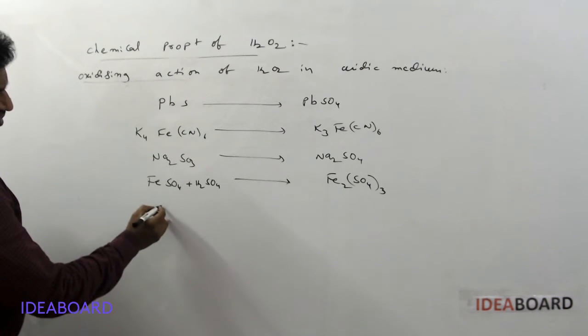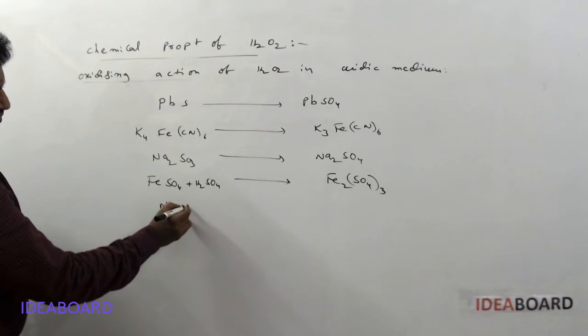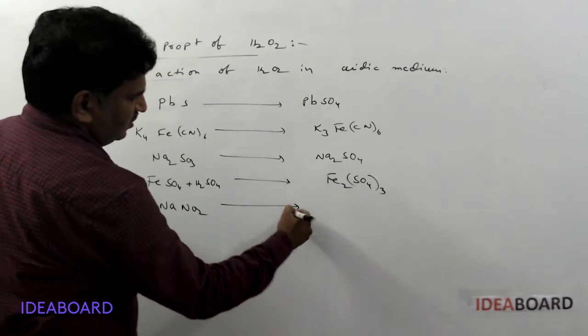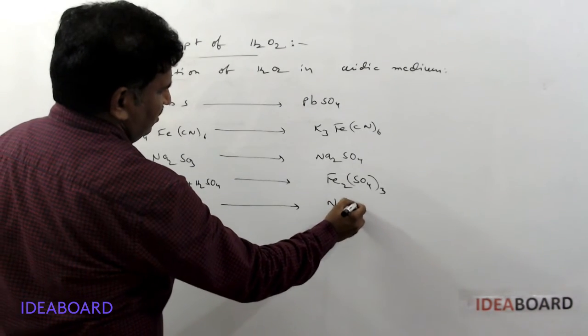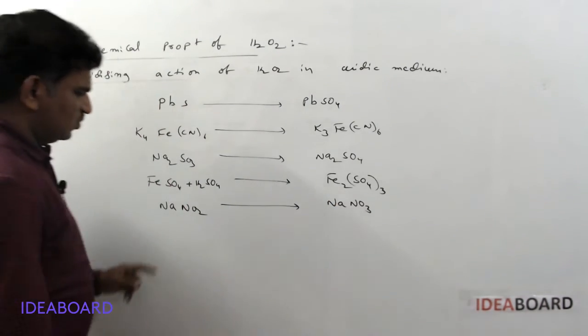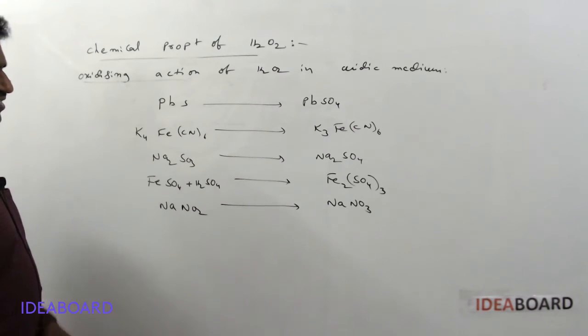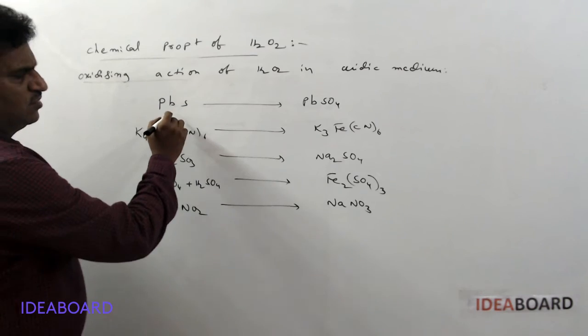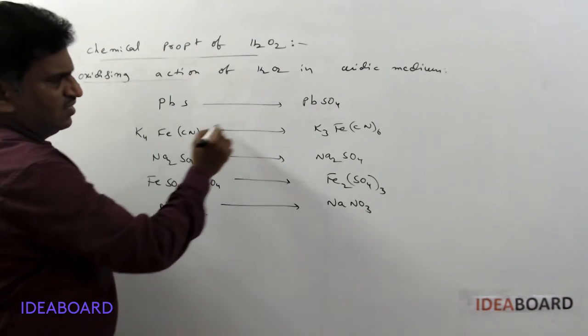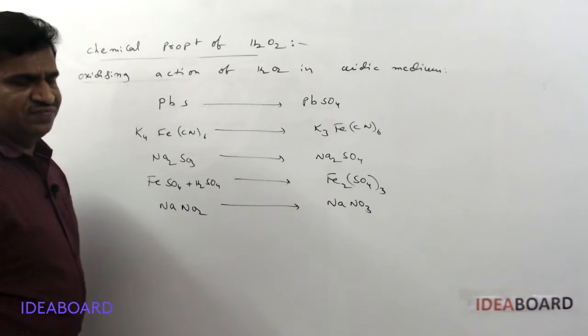And NaNO2 is converted to NaNO3. Sodium nitrite is converted to sodium nitrate. Here PbS means black lead sulfide, and it is converted to white lead sulfate.